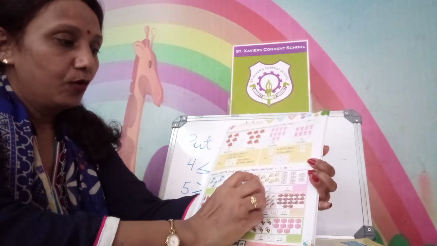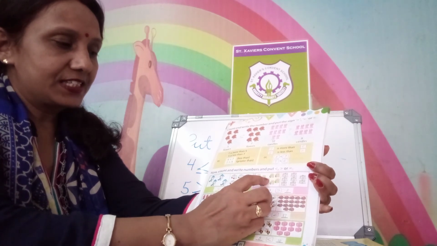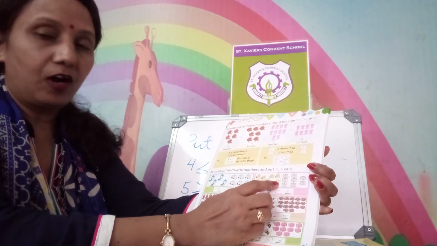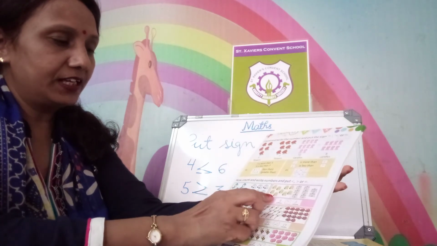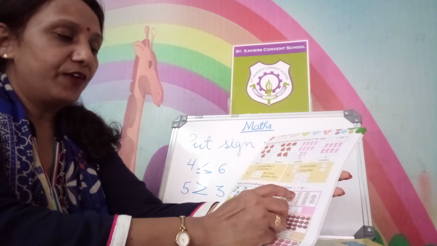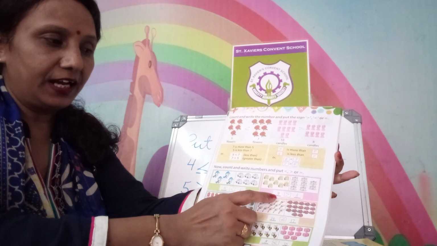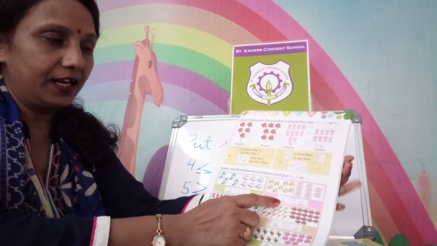Here you see 1, 2, 3, 4, 5, 6, 7, 8, 9. Count again. How many telephones are there? 1, 2, 3, 4, 5, 6, 7, 8, 9. Yes, put 9 there. First you write digit 9.